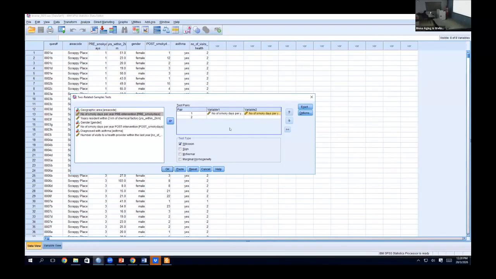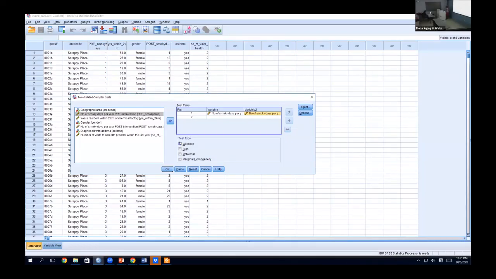It's pre-intervention minus post-intervention. Negative differences would say what? You have more smoky days. And the positive differences would indicate what? Less smoky days, right? So think it through.